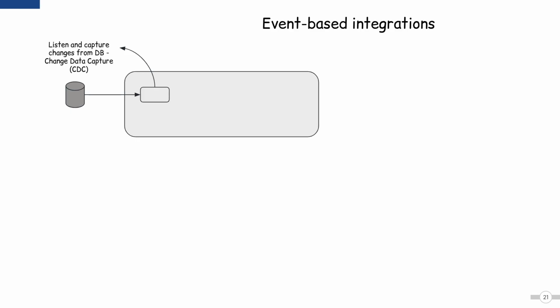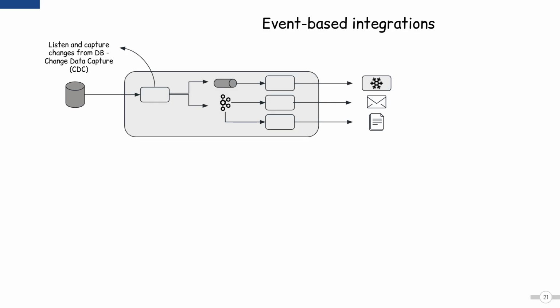And then event-based integration, for example, you may have a requirement to listen and capture changes from databases, which we normally call change data capture. And that captured data you may want to put into two different channels, one into an event channel, another one into something like Kafka, for example, an event broker. And based on those, you can do parallel processing.